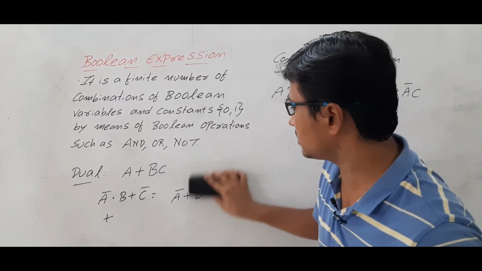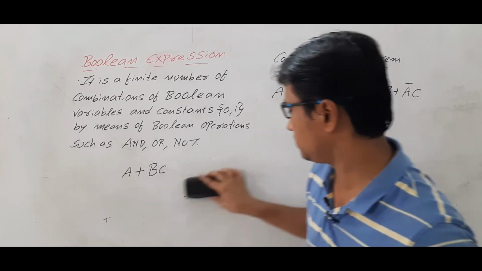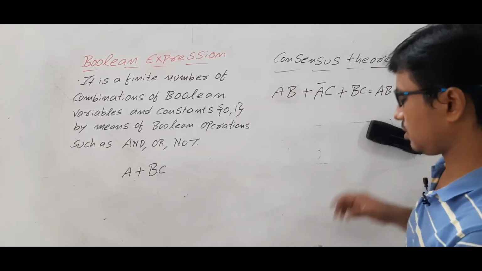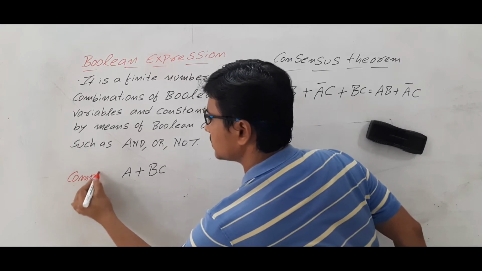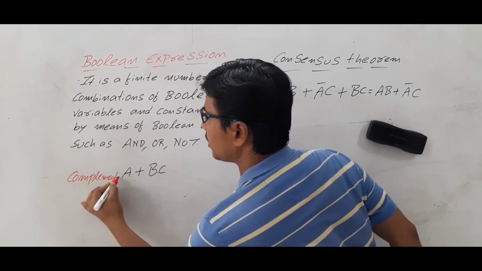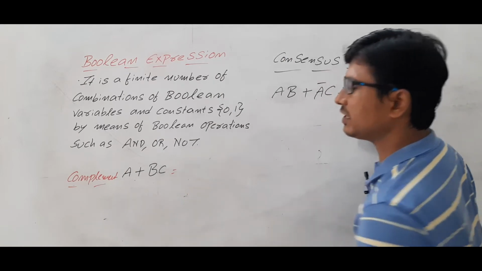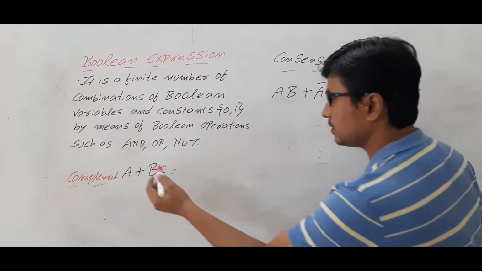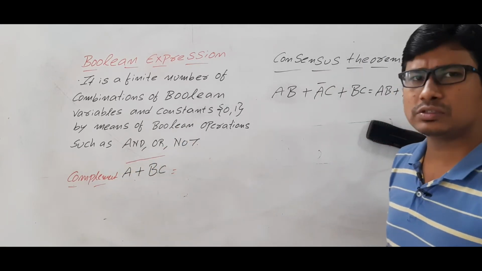Now we will discuss how to find the complement of these expressions, the same expression for which we computed the dual earlier. If I want to find the complement, you write the expression under a complement bar, and then you have to use De Morgan's law.